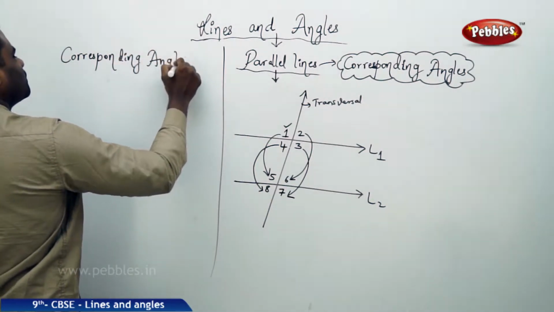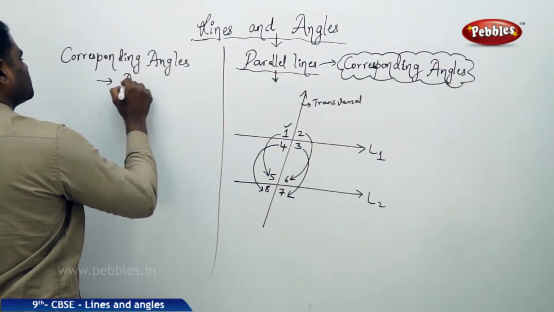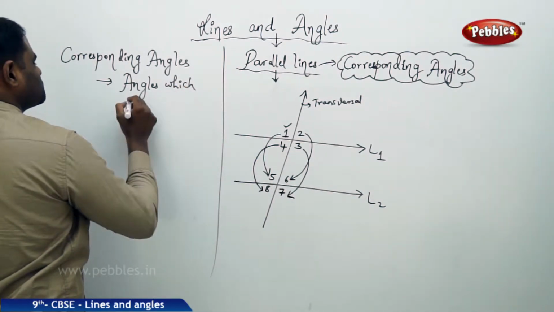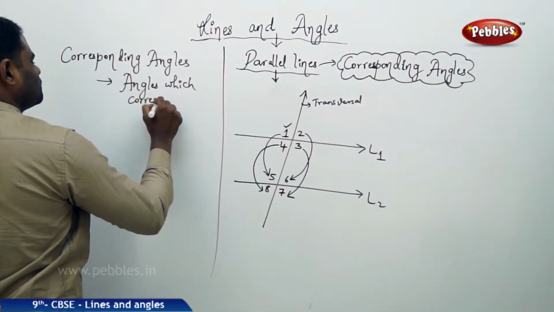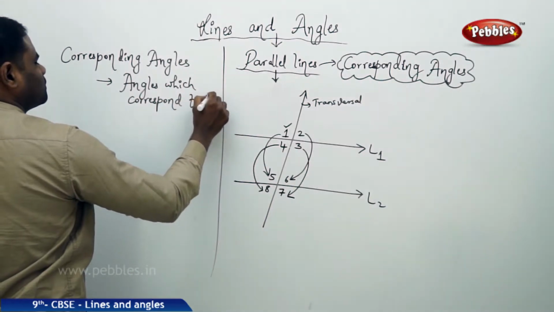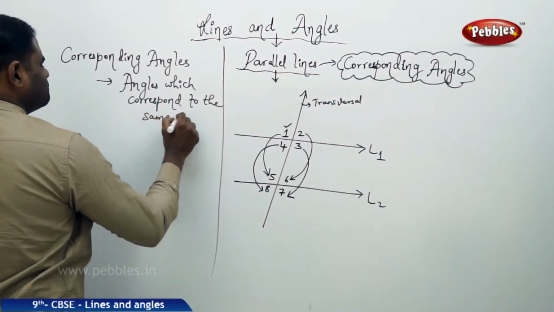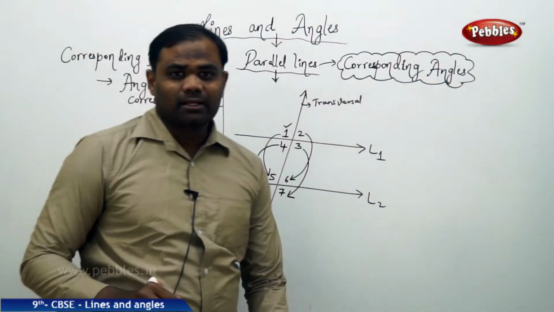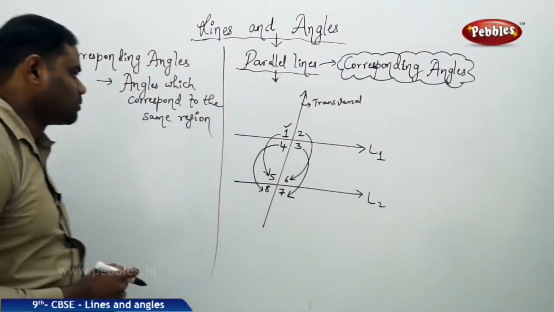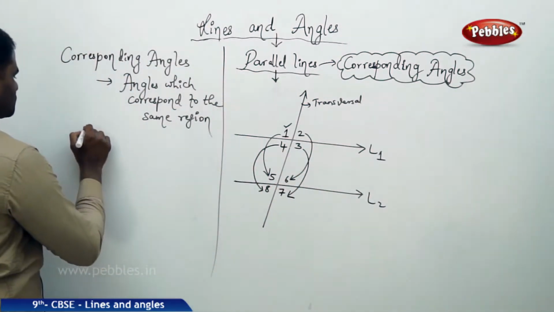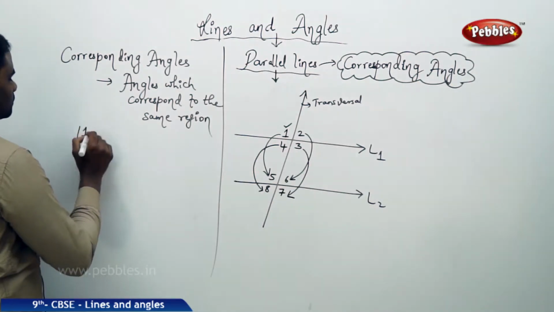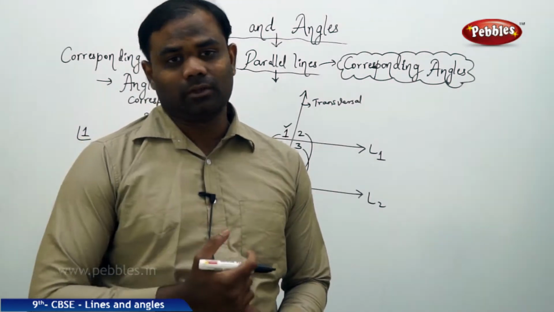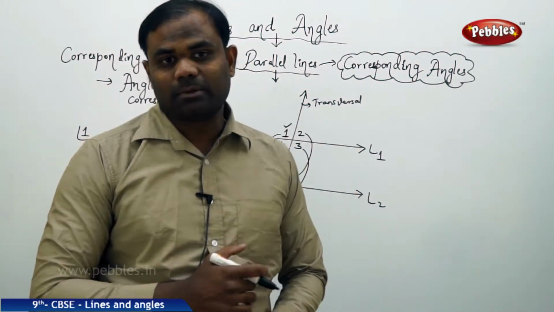Corresponding angles are the angles which correspond to the same region. In this case, interestingly, the corresponding angles are equal only when the lines L1 and L2 are parallel.